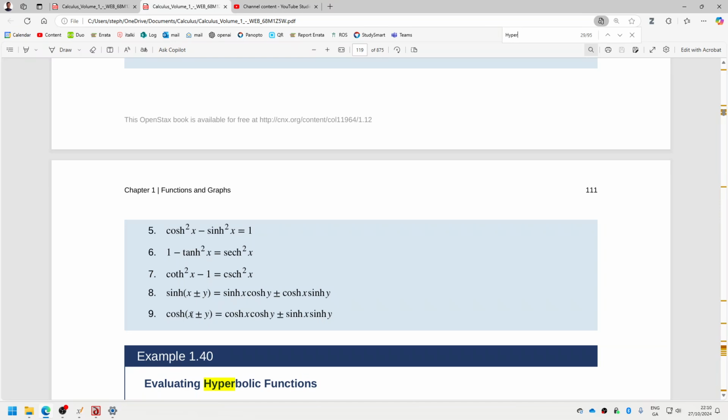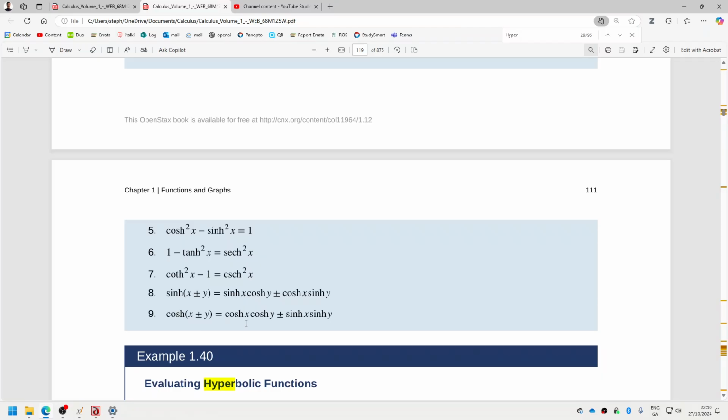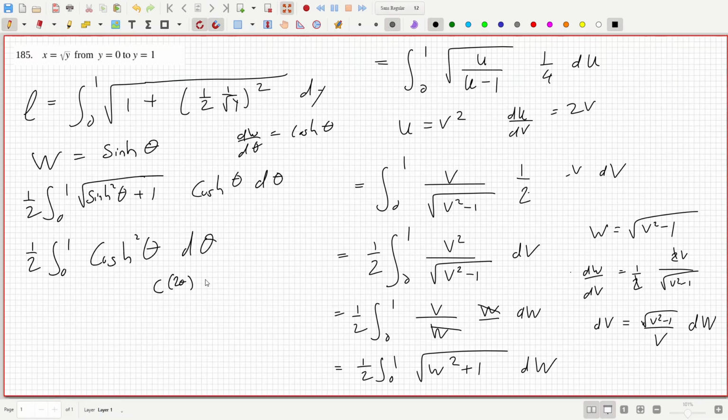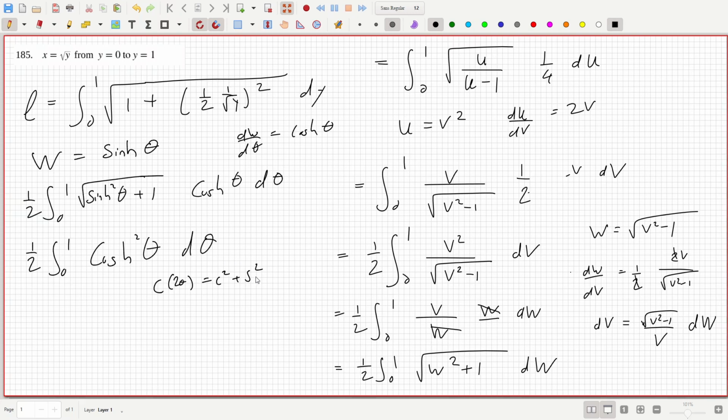Yeah, I could say I make x equal to y. I have hyperbolic cos 2 theta equals cos squared plus sine squared. And then I can do a switcheroo here on the sine, because I can say the sine squared is cos squared minus 1.